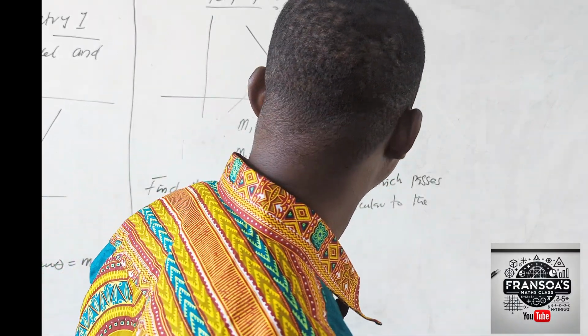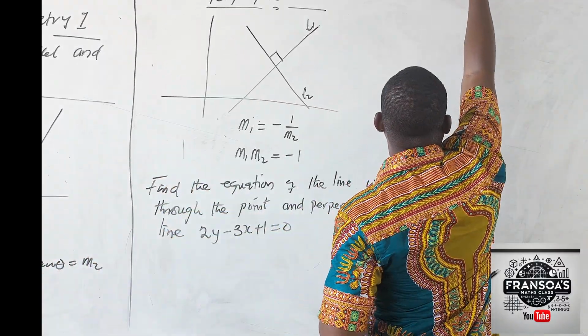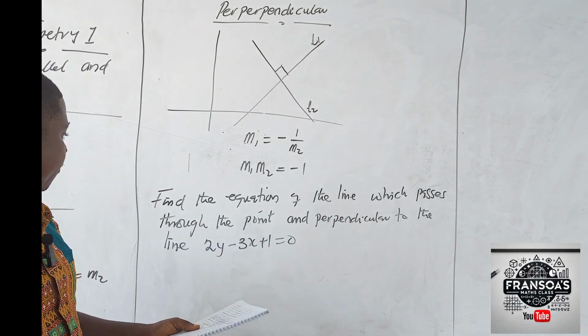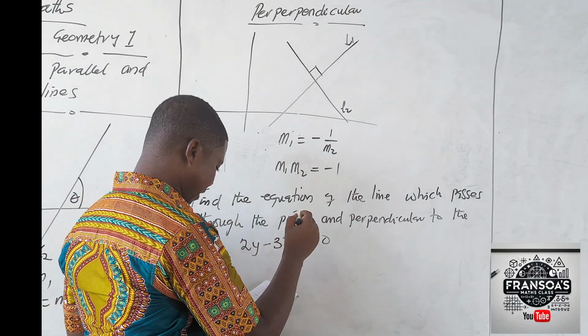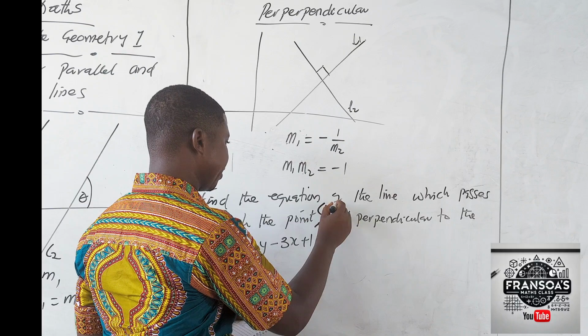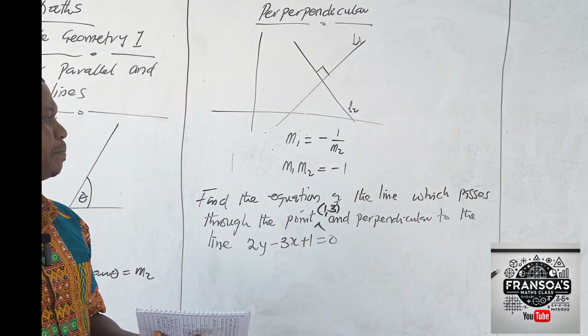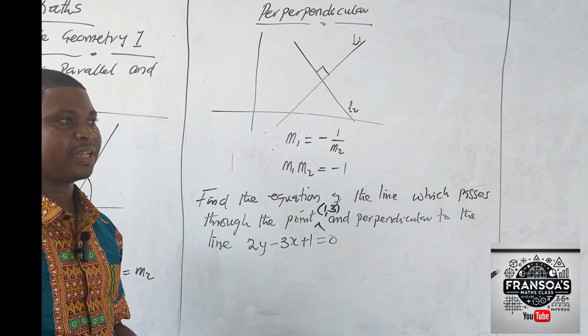So we are supposed to find another equation that is passing through the point. I think the point is then point 1, 3. The point 1, 3. And perpendicular to this line.